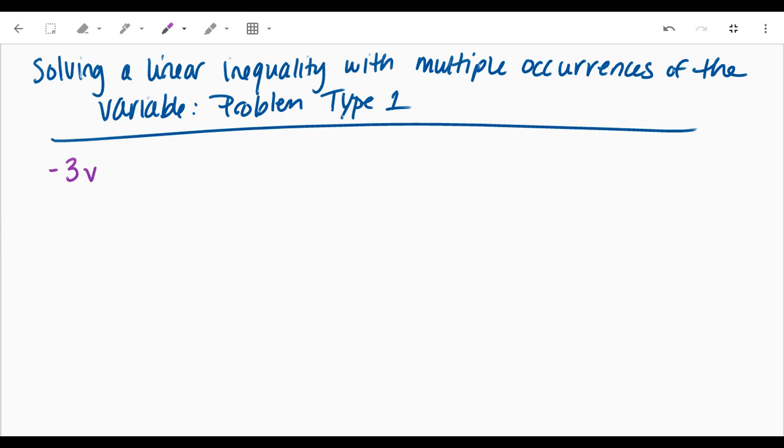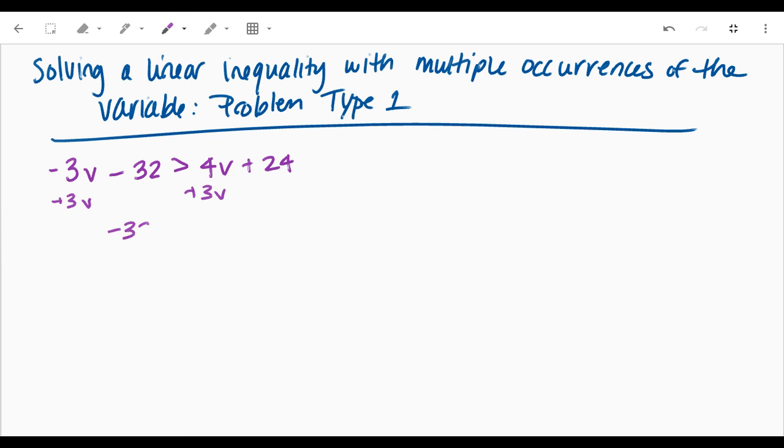You've seen this stuff. Negative 3v minus 32 is greater than 4v plus 24. We're going to get everything to one side: the v's to one side and the constants to the other. It doesn't matter which side you choose, but a lot of people like to keep the coefficient on the v positive, so they would add the 3v to both sides.